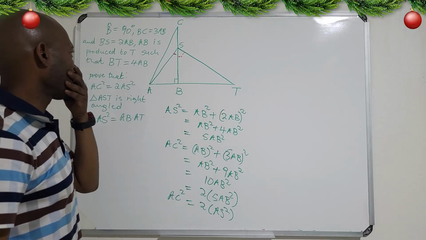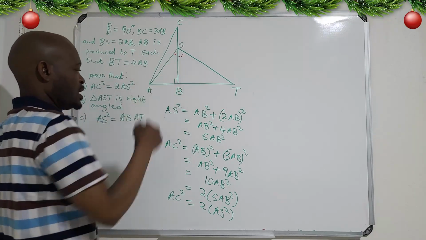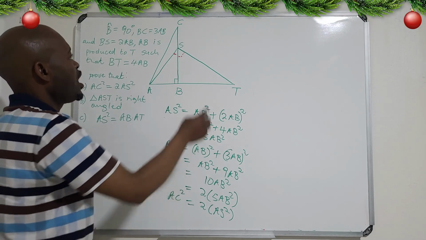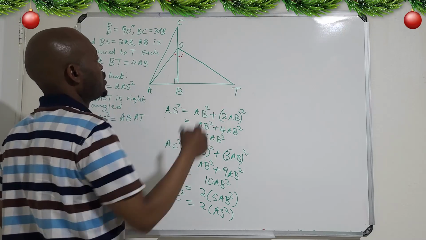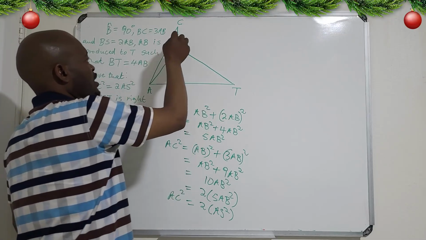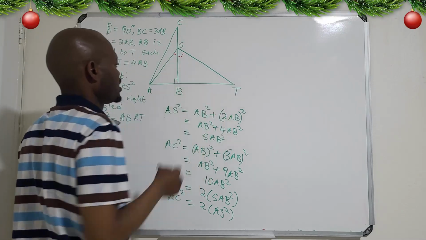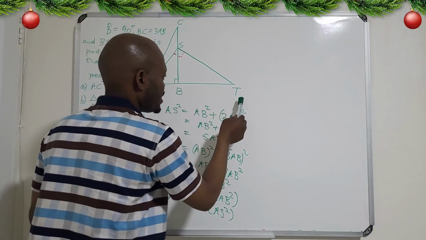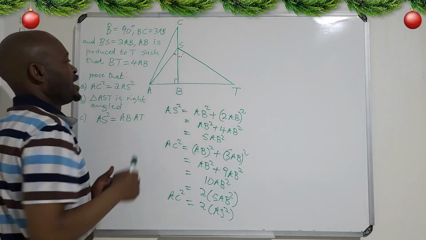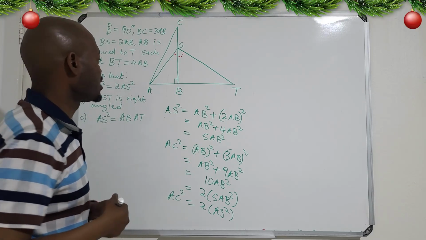And how do we do that? We do have AS squared. We must find this side, which is ST. Once we get this side squared plus this side squared and get that, then we have proved that this is right-angled.